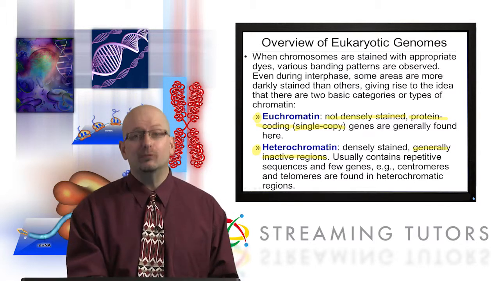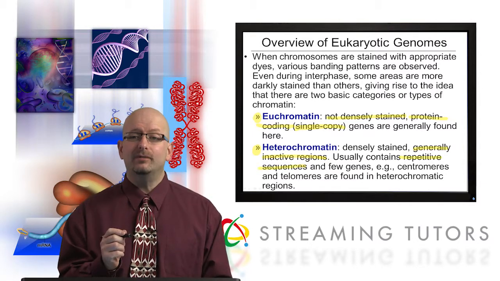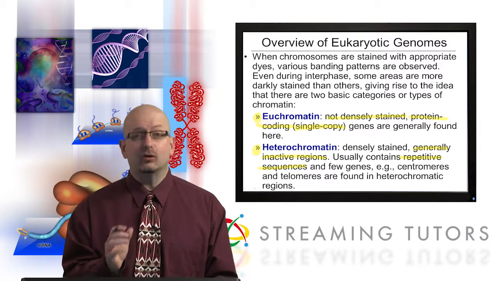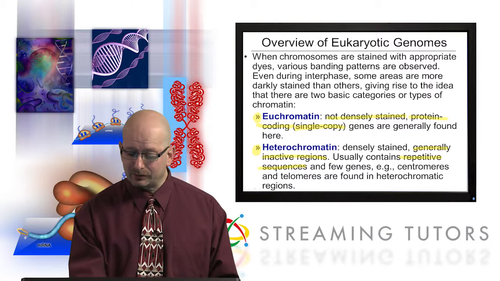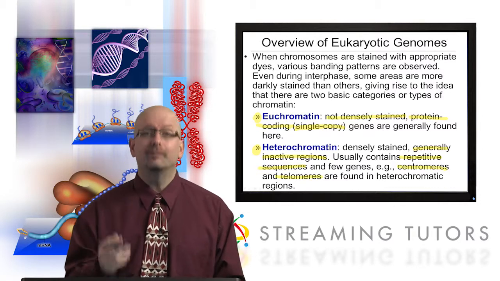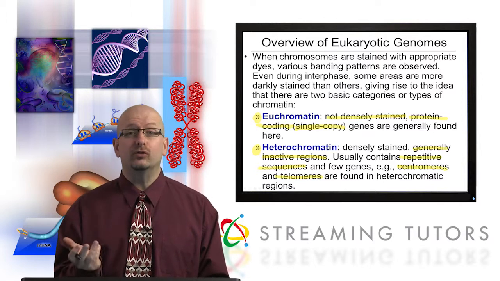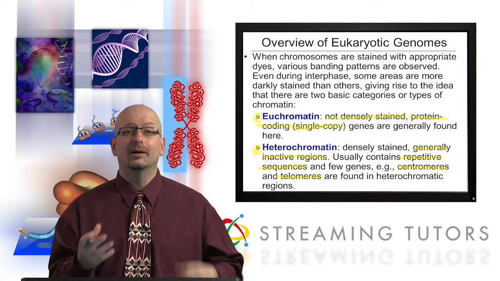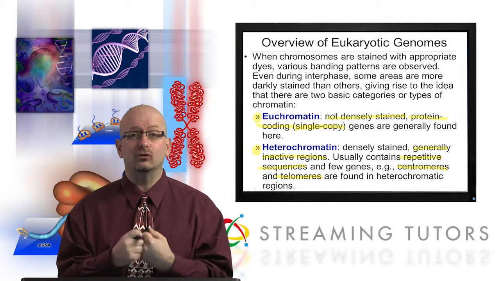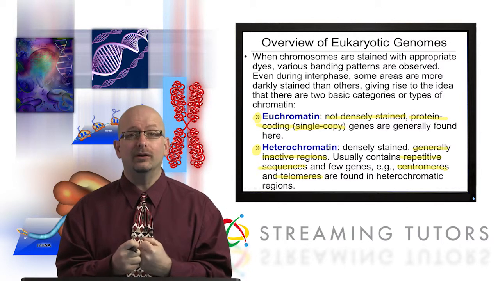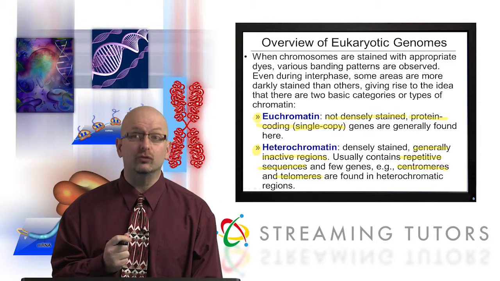So usually, and we're going to spend a good amount of time on this, they contain repetitive sequences and not so many genes. To make a connection to something we've already discussed, centromeres and telomeres are both found in heterochromatic regions. We know that centromeres and telomeres have functions, but generally speaking, they're certainly not something that's getting actively transcribed all the time. They have a different type of function. So, euchromatin versus heterochromatin.